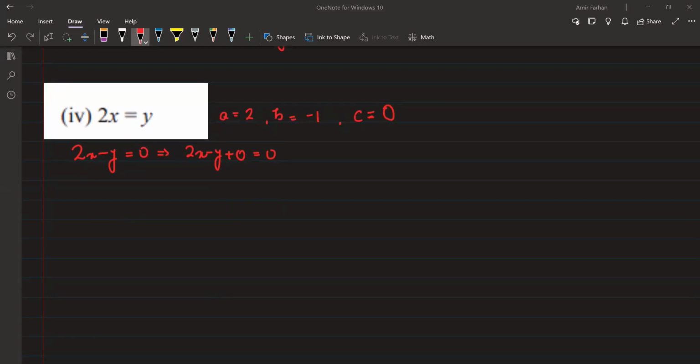One more example. Just a second. Yes, so this is the equation basically.